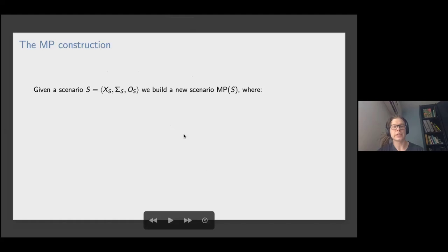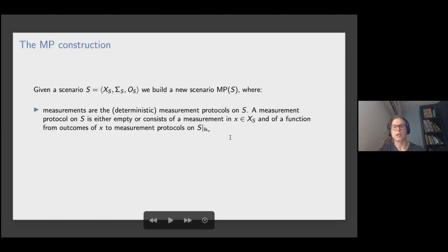And the key part of this is the measurement protocol construction that's done in earlier work. So what it does is it takes one of these scenarios and then builds this new larger scenario of all measurement protocols over S, where the new measurements of this new larger system are measurement protocols over the original thing.